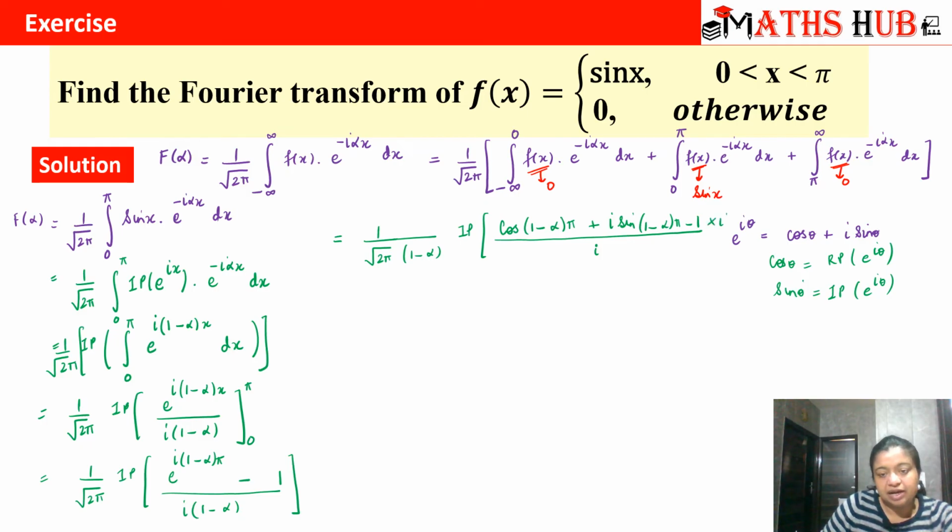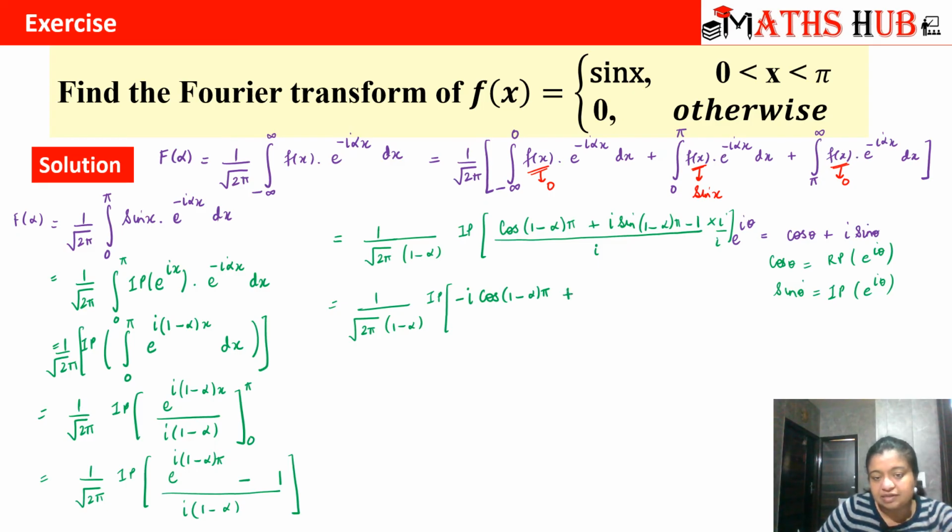Now you can multiply and divide by iota, so that will become 1 by under root 2 pi (1 minus alpha), and then we have to calculate the imaginary part of iota, and iota will become iota squared, that is minus 1, and numerator will become minus iota cos (1 minus alpha) pi. Then iota and iota will become iota squared, minus 1, and there is already one minus.